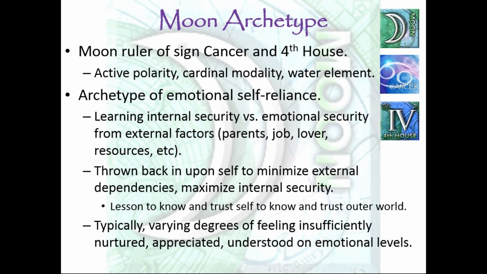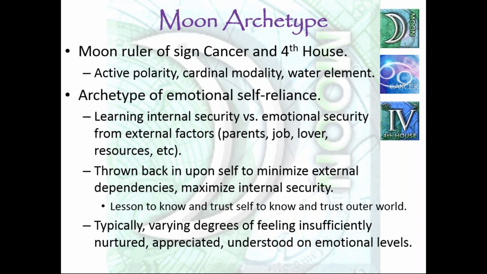And so here is where we are going to learn internal security versus emotional security. Again, water is the emotional element. Here we're going to learn internal security versus emotional security from external factors. External factors, of course, start with the appearance, and then it can be your culture, it can be your job, your spouse or lover, it can be your resources. There can be all kinds of external factors throughout life that we go outside of ourselves to make us secure.